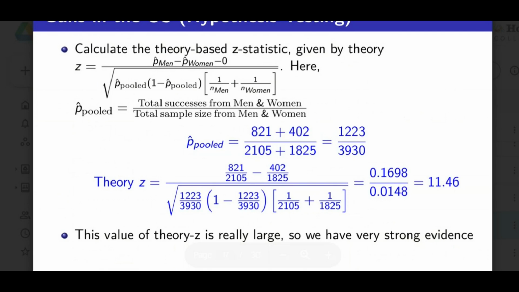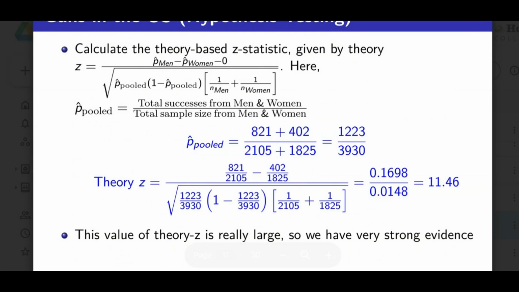There were almost 4,000 people in the data set. Isn't this an overall gun owner rate, irrespective of sex? That's why it's called pooled. I'm pooling the information together. You take all the gun owners, add them up, and you divide by everybody. This gives you some kind of overall gun ownership rate. That's why it's called p hat pool.